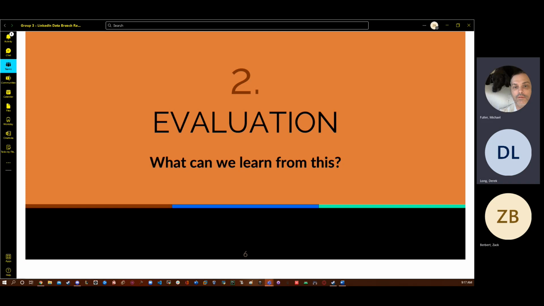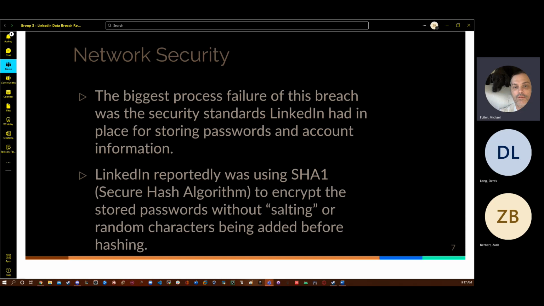All right, thanks, Derek. So we'll start off with the evaluation here. We're going to dig a little into the encryption. We all know all encryption is not created equal, and this is an example of why. They were using Secure Hash Algorithm 1, which at the time had been broken, and it was not something most companies should have been using.